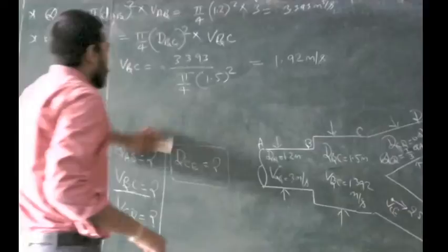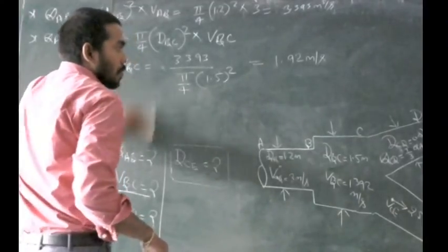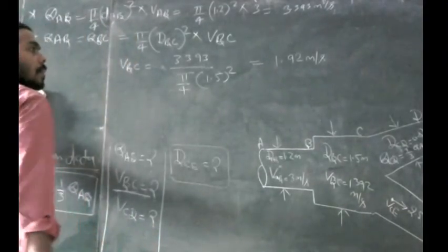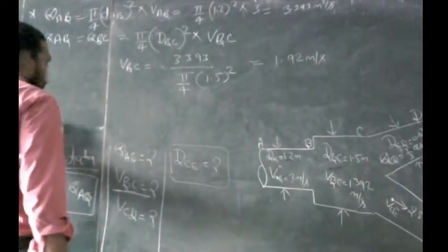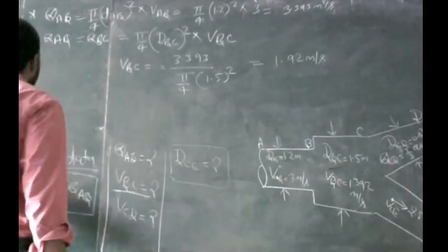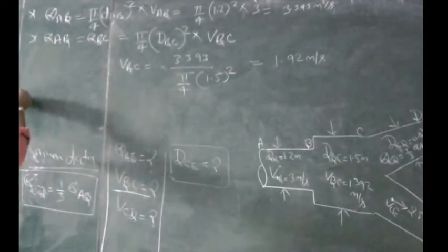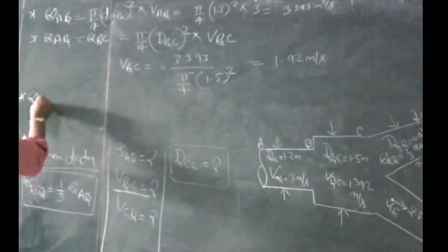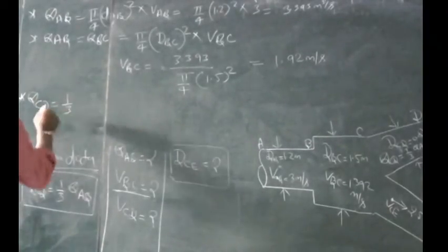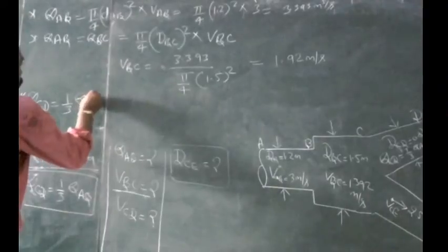Similarly, we know that we can find QCD equal to 1/3 QAB.